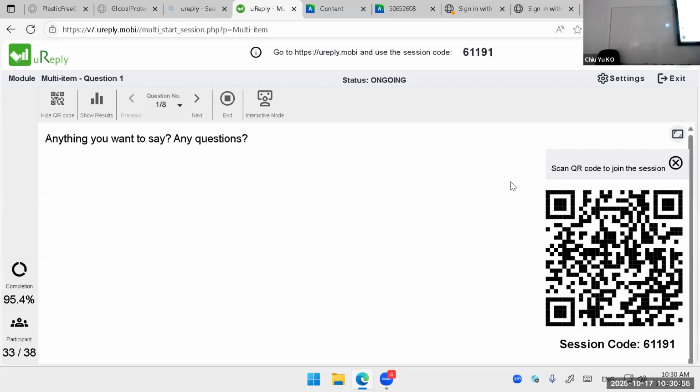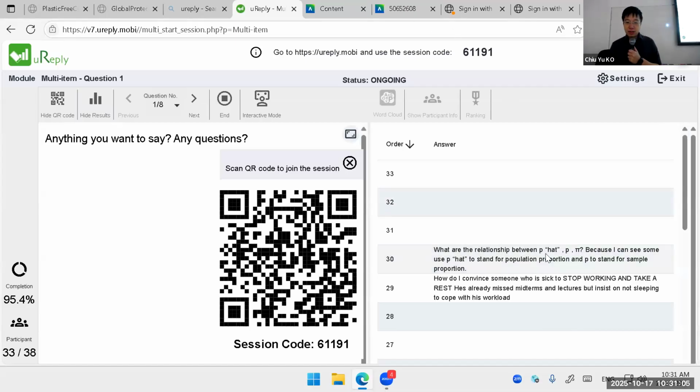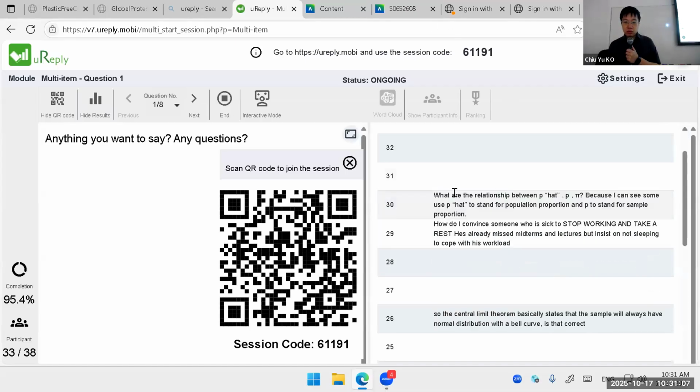So I guess we can slowly continue and look at how well we are doing these days. What is the relation between p hat, pi, p, or whatever?